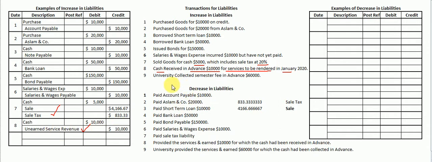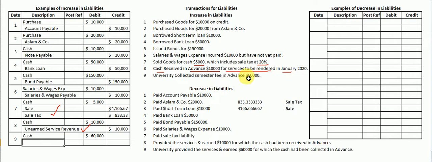Okay, next, dear students, number 9, the university collected semester fee in advance, $60,000. Again, whenever a university collects the fees, the cash account for the university increases, asset increased, how much? $60,000. But keep in mind, this $60,000 was collected in advance at the beginning of the semester.